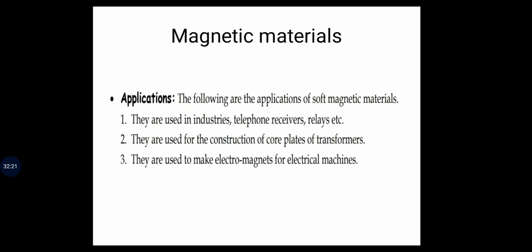The applications of soft magnetic materials are: they are used in industries, telephone receivers and relays. They are used in the construction of core plates of transformers.